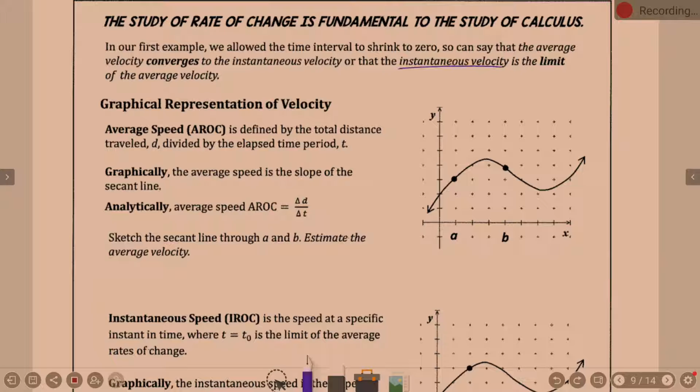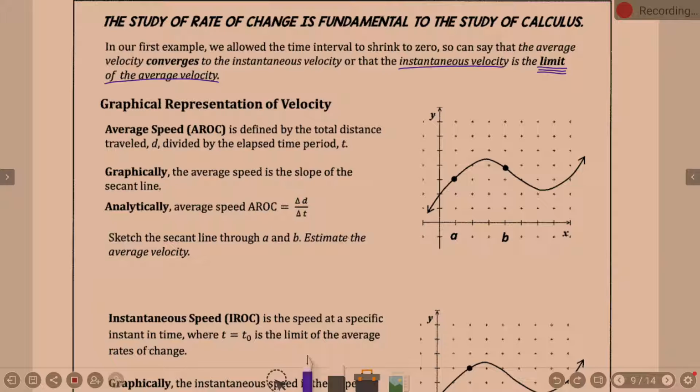Instantaneous velocity is the limit, key calculus word there, of the average velocity. Because that's what we were really doing. We were doing the limit as t approached 7/10. As t got closer and closer to 7/10, what was that value? So instantaneous velocity is the limit of the average velocity.